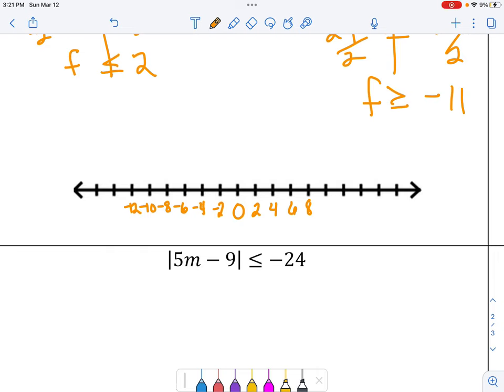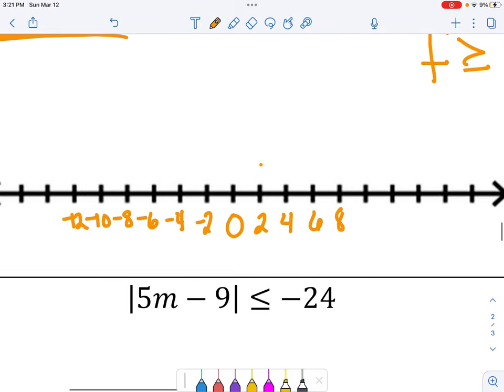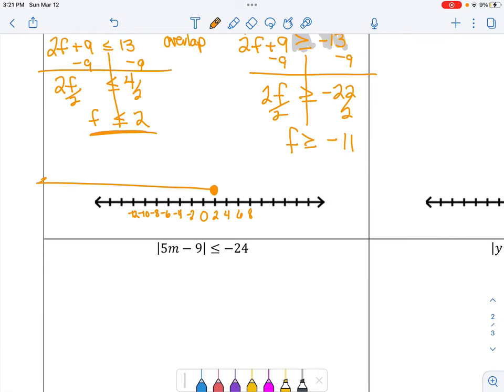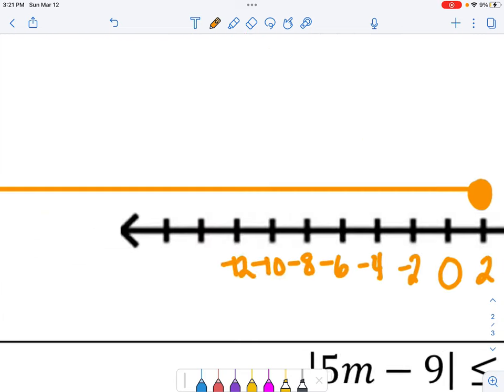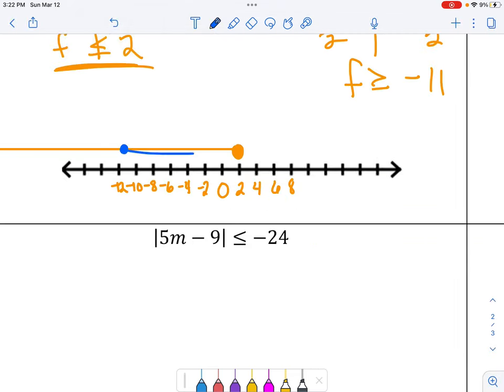All right, so I'm going to look at closed dot. I'm going to do this one first. So closed dot at 2, and it needs to point to the left because it says less than. And then closed dot at negative 11. I'm going to change colors, and that one's going to point this way.